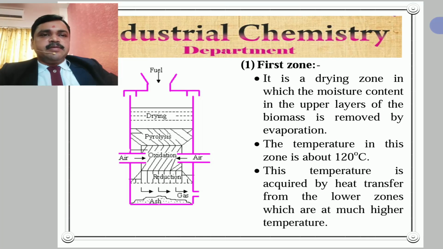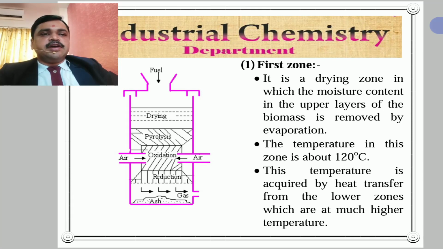So we start with the first zone. It is a drying zone in which the moisture content in the upper layer of the biomass is removed by evaporation. So here moisture is evaporated and our material, the biomass, is dried. Therefore it is a drying zone.